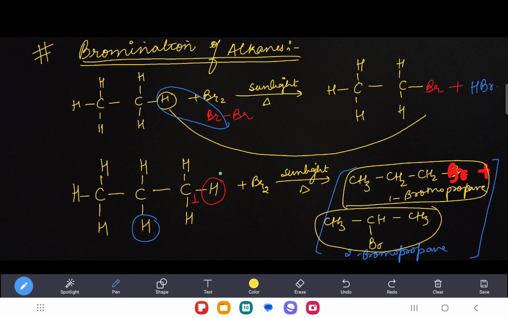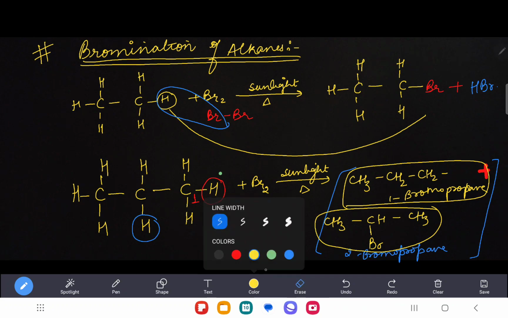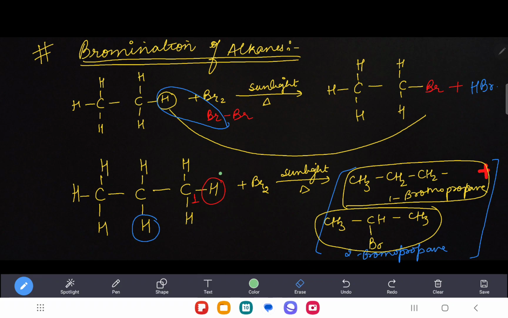With concentrated H2SO4 and concentrated HNO3, other types of products are formed because concentrated H2SO4 and HNO3 are very strong oxidizing agents as well. So they generally end up giving the oxidized products more. That is why, for chlorination and bromination specifically, we discuss every type of alkane, like one carbon, two carbon, three carbon, and so on.